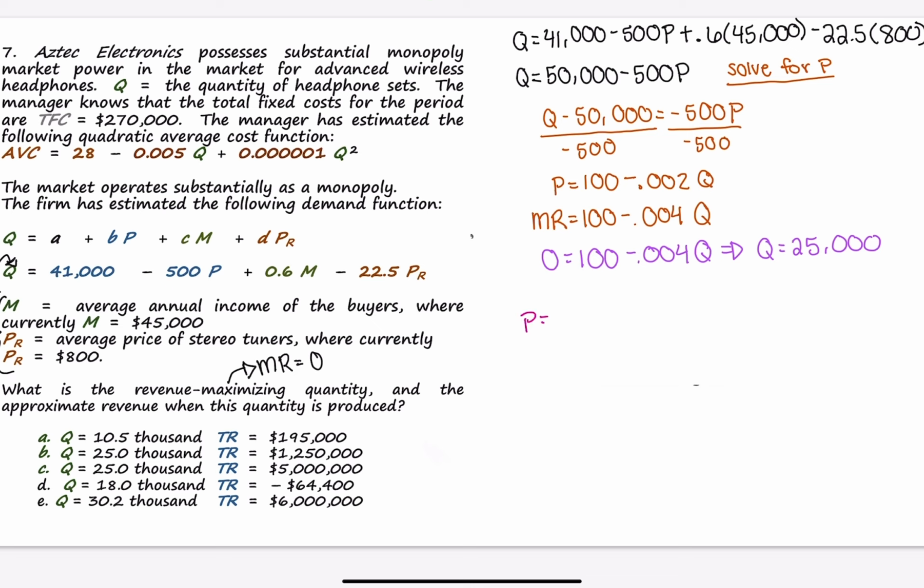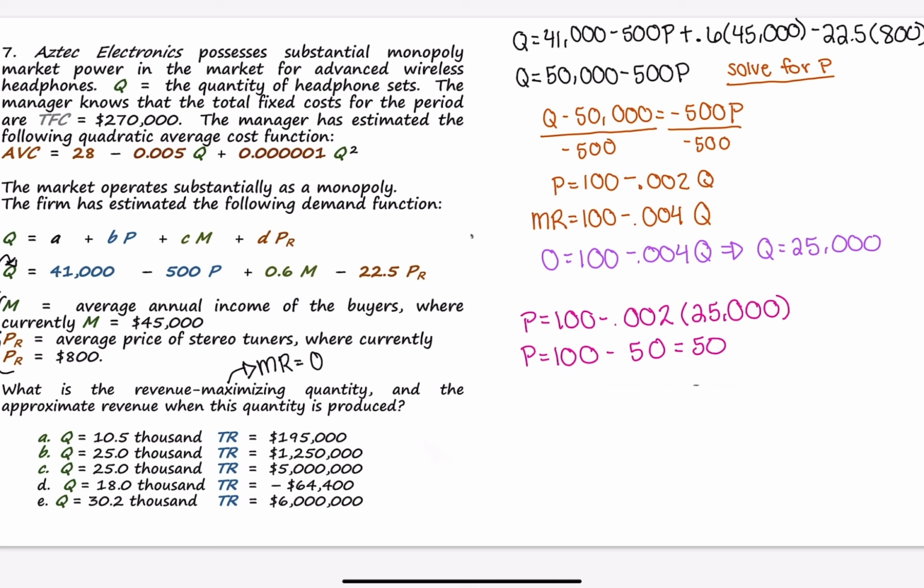So we have p equals 100 minus 0.002q. But instead of a q, we're going to put 25,000, which gives us p equals 100 minus 50 equals 50.